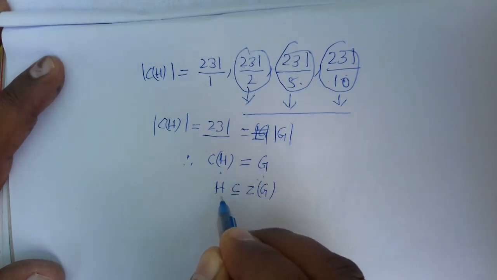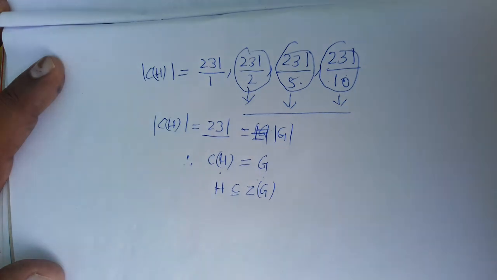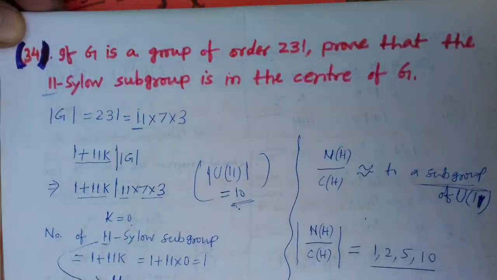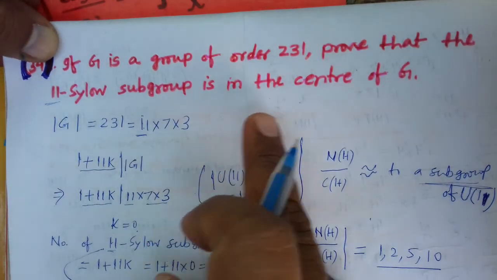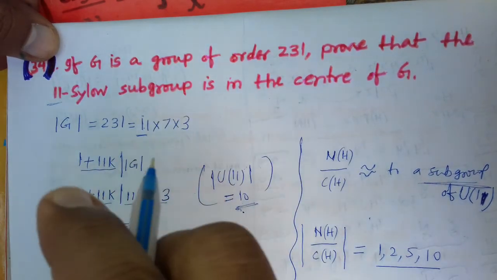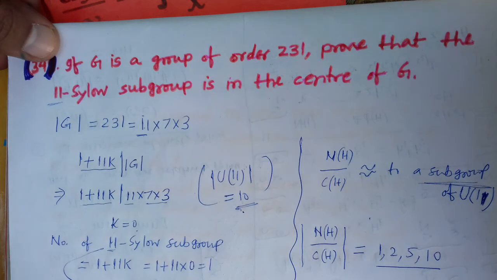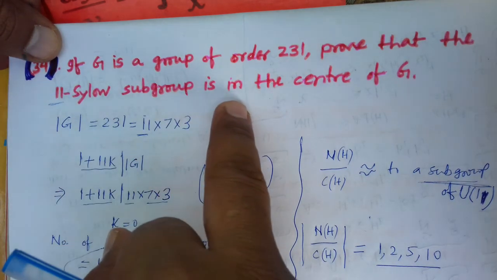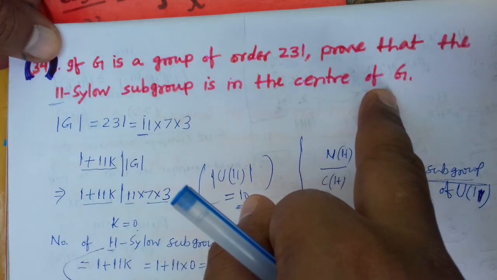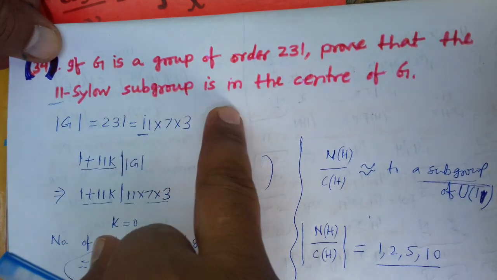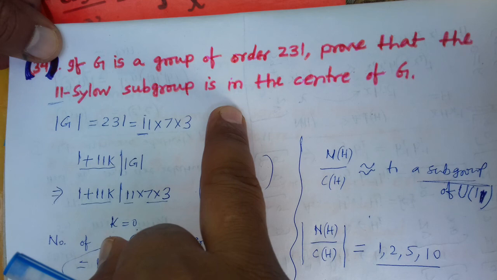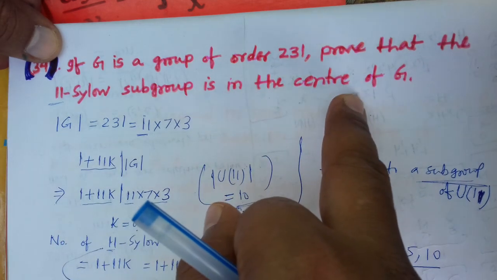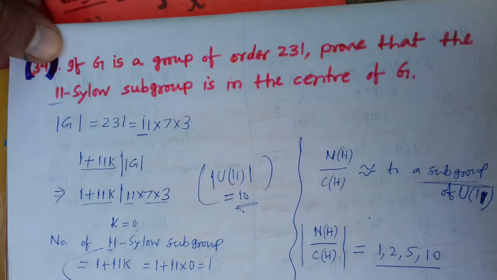So H is contained in Z(G), and this is what we had to prove. So we have proved the statement: the 11-Sylow subgroup is in the center of G. We have taken the 11-Sylow subgroup as H, and I have proved H is in the center of G, that is Z(G).